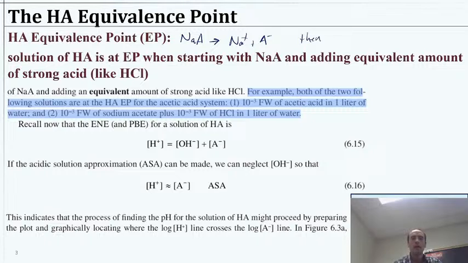Then we're going to have HA in equilibrium with H plus and A minus. Now what you'll notice is if we add it in the form of NaA, we're not really adding much H plus. And because we are forming some HA to some extent, we are actually taking H plus out of the water if we add it in the form of NaA.